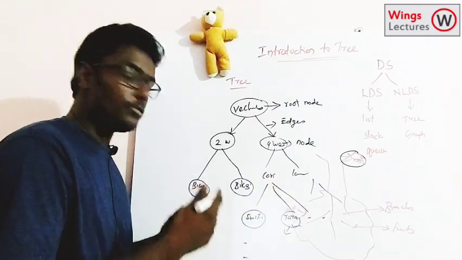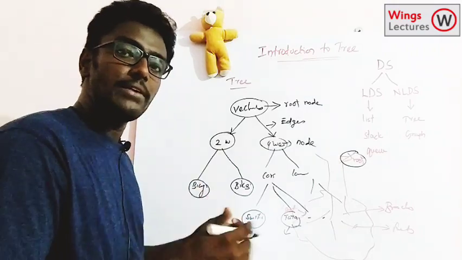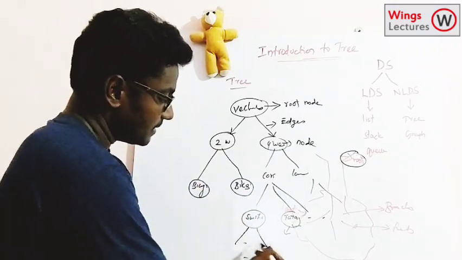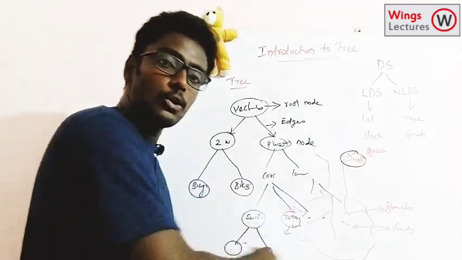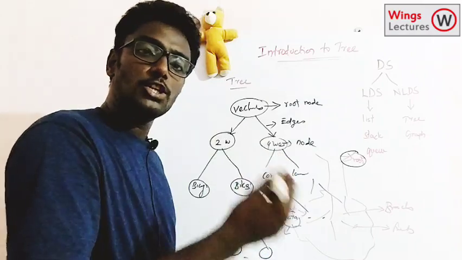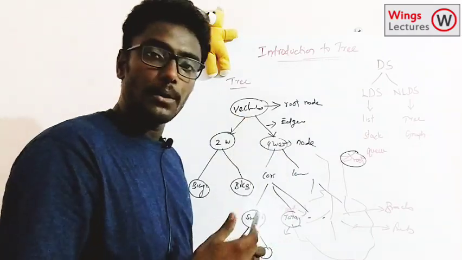We call a node a leaf node if the node doesn't have any child, that means the last row of the tree is always called leaf nodes. Okay, so we will see the terminologies one by one.